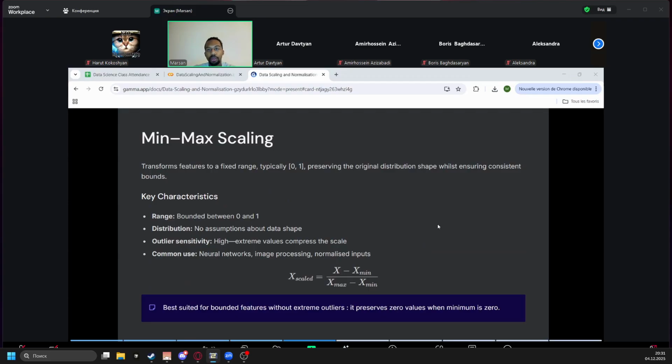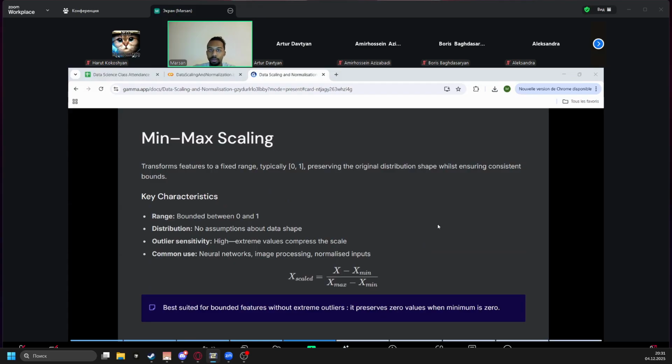The advantage is that we don't have to assume any type of distribution, so we can use it without knowing if we are in a normal distribution, for instance. It's good for neural networks, and it's good when we need a bounded range.